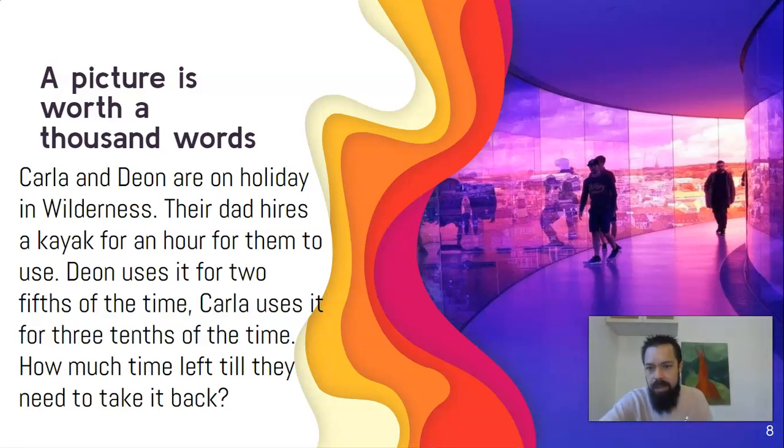So taking out the maths, an hour, so that would be 1 hour. I'm going to jot that down, 1 hour. Dion uses it for 2/5 of the time. And Carla uses it for 3/10 of the time.